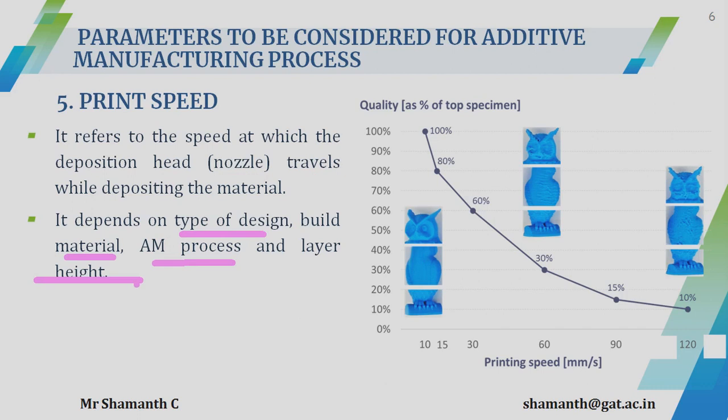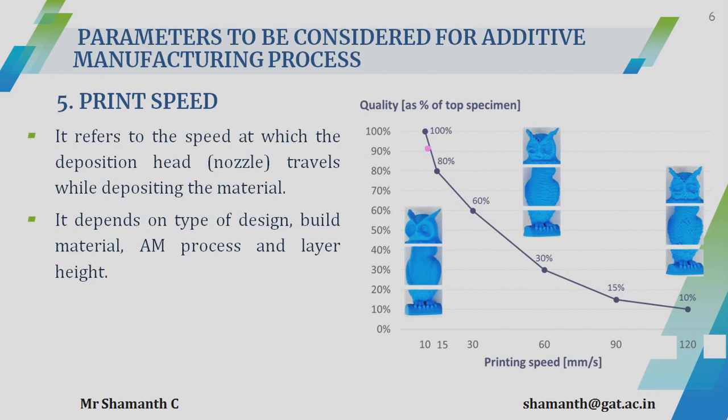Layer height you have already understood: that is the thickness, the high resolution or low resolution part. The type of design, whether it is complex or very simple, and what type of material you are using also account for different print speeds.